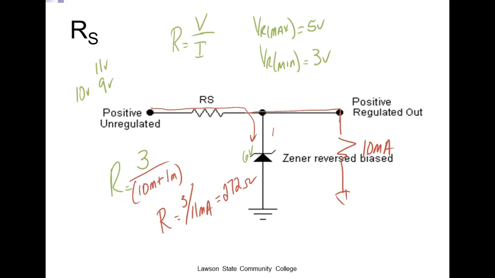All right, now the problem we have is there's no such thing as a 272 ohm resistor, unless we use a pot. Pots cost about $5 or $6 a piece. So when they make resistors, they make them in standard values. On Blackboard in the handout section, there should be a standard resistor value chart. So look it up and tell me what would be our next standard value. First of all, are we going to round up or round down?